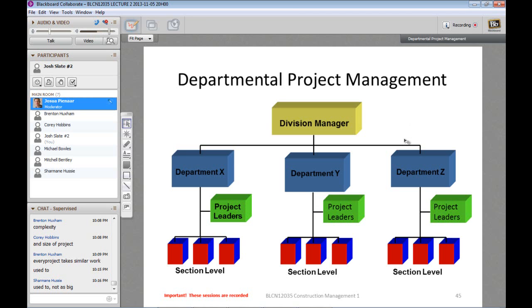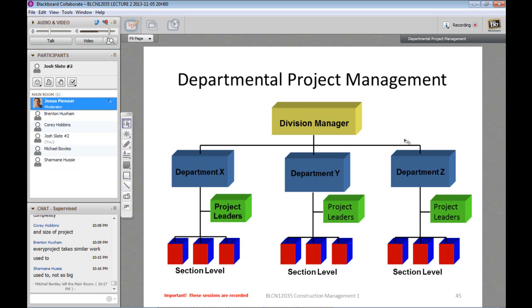All right, so let's have a quick look at the next one. This one is a departmental project management scheme. So we might have a divisional manager, and there might be different departments or manufacturing areas underneath each of those, and each of them might have different sections underneath again.